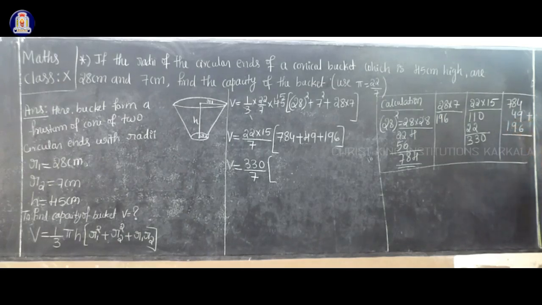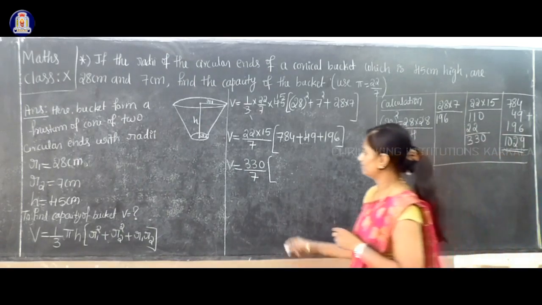So 4 plus 6, 10. 10 plus 9, 19. 1 remainder. 1 plus 9, 10. 10, 14. 14, 22. 2 remainder. 7 plus 1, 8. 8 plus 2, 10. So it is 1029.